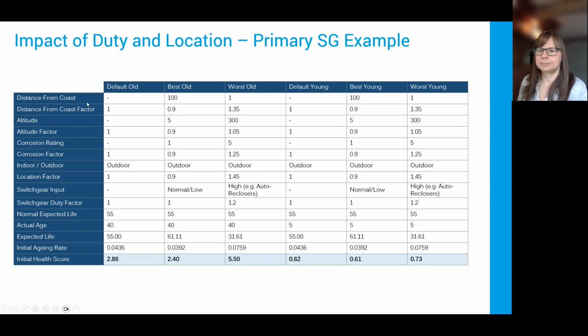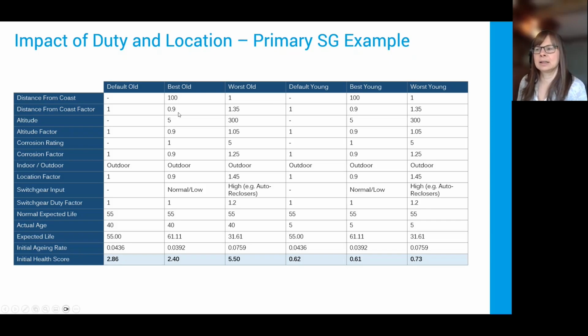Within this chart, we've got distance from coast. The worst case is that it's very close to the coast, so I've got 1 kilometre there, and you can see the factors appear here. Factors are things that hover around 1. If there's no data, it's just a 1.